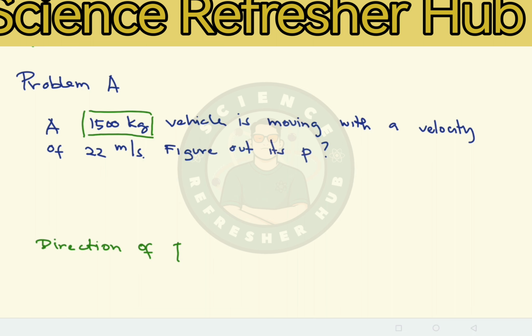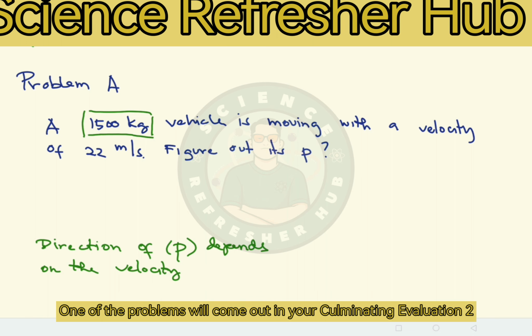Direction of momentum depends on the velocity. For example, if the object moves 2 meters per second and that's positive, so it goes to the right or up, our momentum also will be positive.